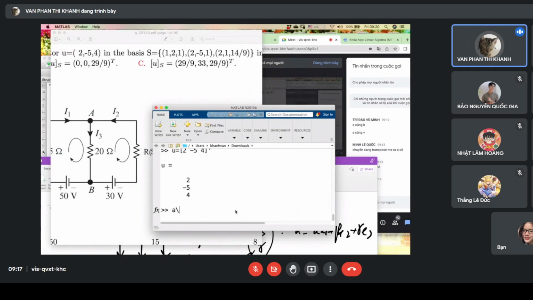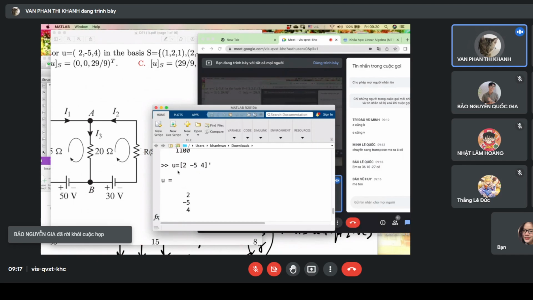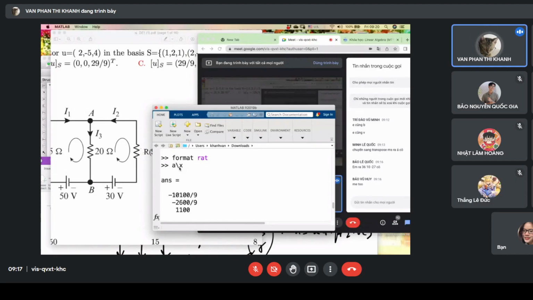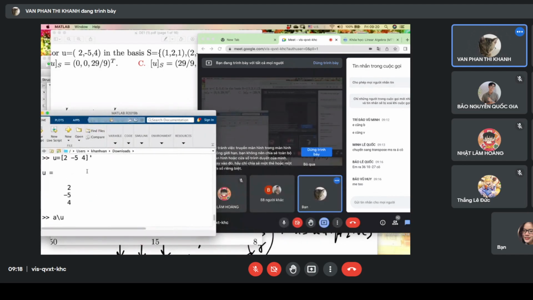Okay, yeah, you're right, Bảo. I denote it by u, but I entered x. X is a different matrix I used before. You see, it's u, not x. So the answer is 36, 10, and negative 27. I denote it by u, but I entered A and x, not A and u. So it's wrong.